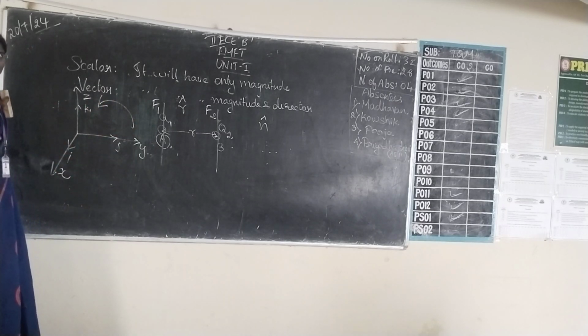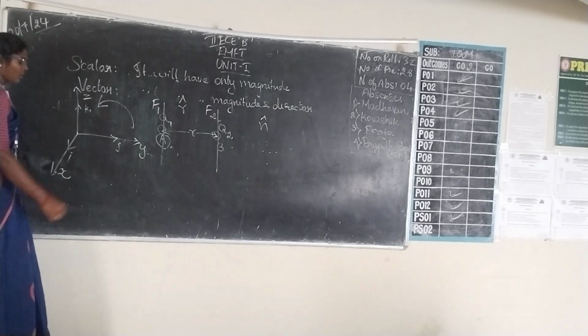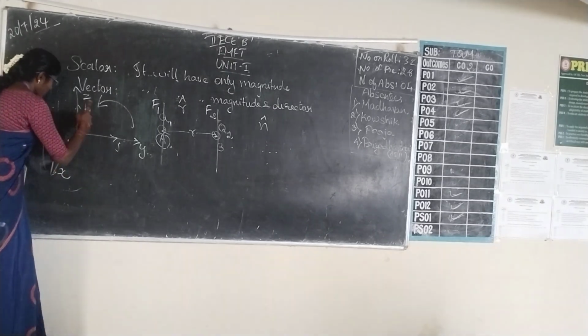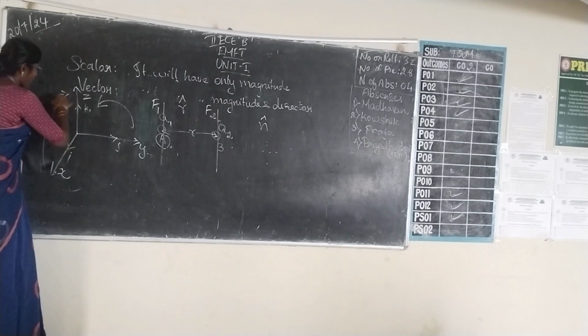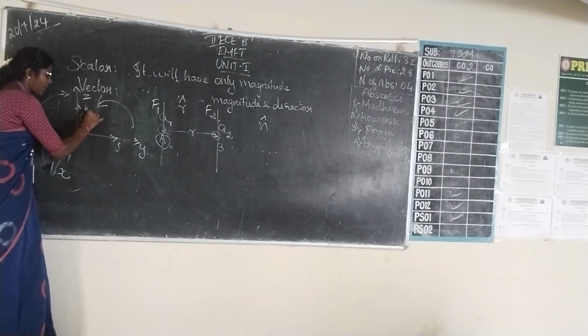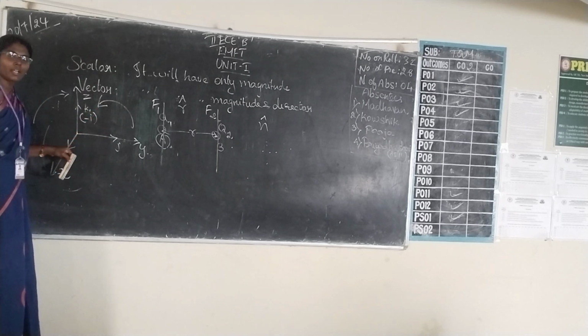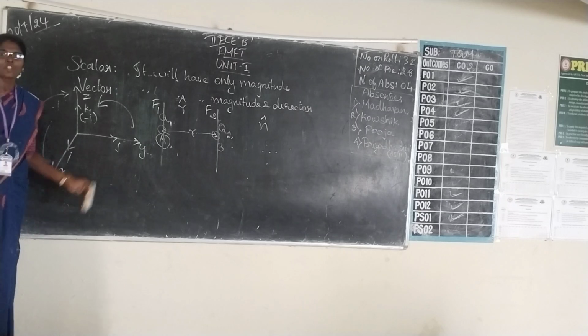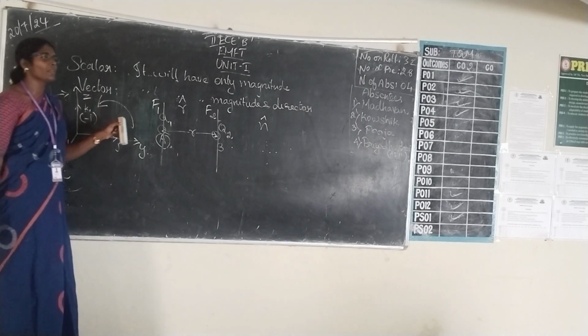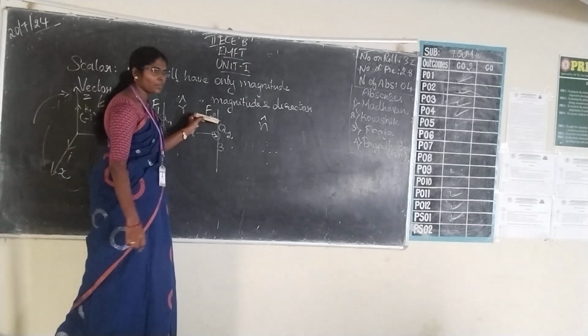What is it for clockwise direction? This is anti-clockwise. If it is clockwise direction, instead of the k vector, we can define it with a minus sign. So here minus j, here minus k. Based on the direction, I am saying that here it is experiencing a force, and here it is experiencing a force.